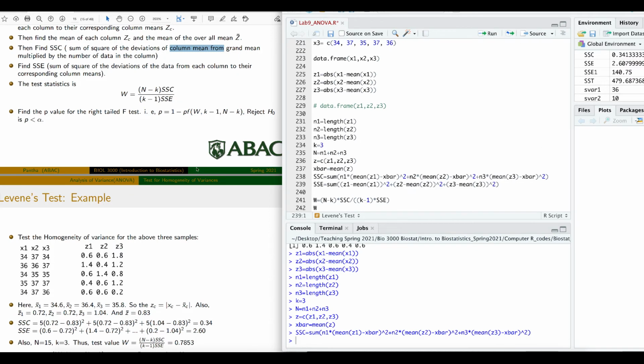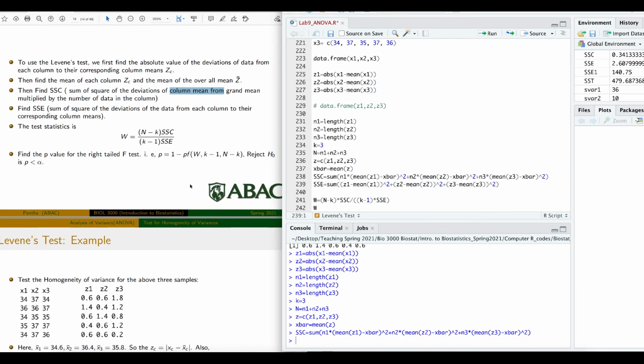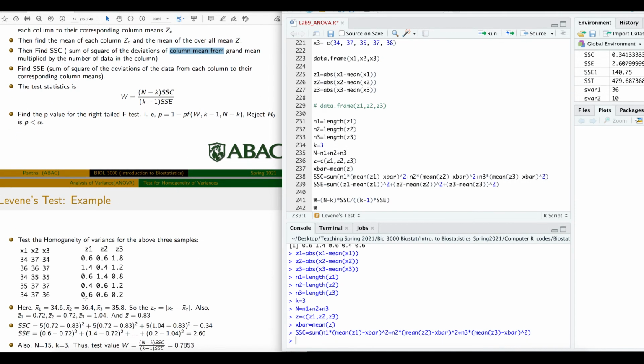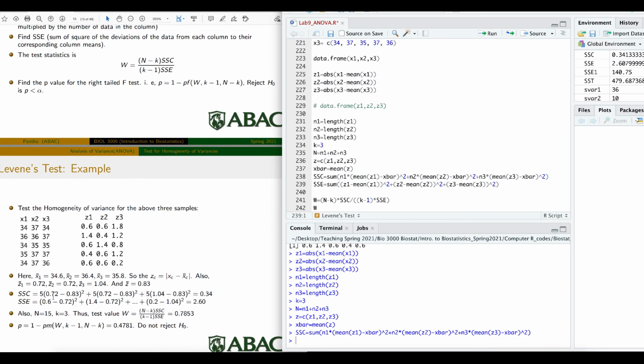Similarly, what is SSE? SSE is similar. It is an error sum of square type of thing, right? What you need to do is take each value minus its column mean, squared, and add them all up. Look at this: 0.6 minus 0.72. What is the 0.72? It is the column mean of that.